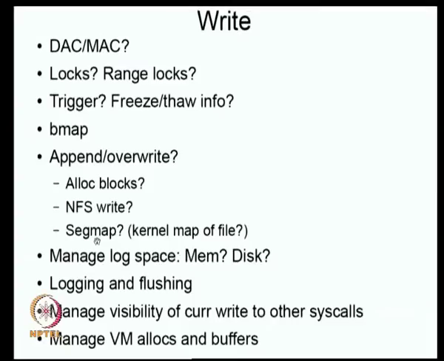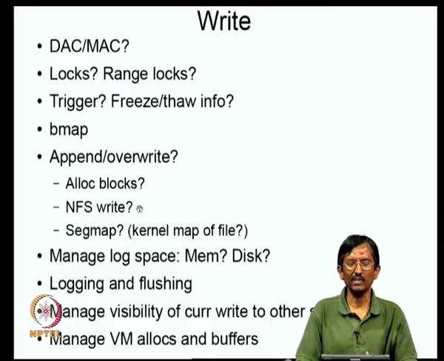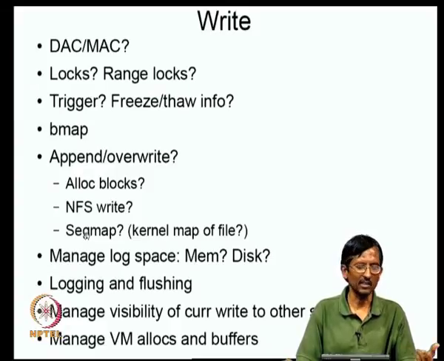Again, all this segmap etc. means that you are now actually using virtual memory subsystem calls to implement this. This is another example of how the file system is very tightly connected with the virtual memory subsystem, and as part of writing it, you might actually suffer a page fault, and now again you will enter the VM subsystem, because that has to be handled by the kernel.